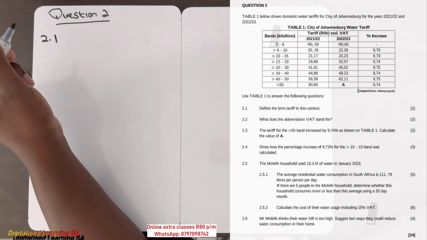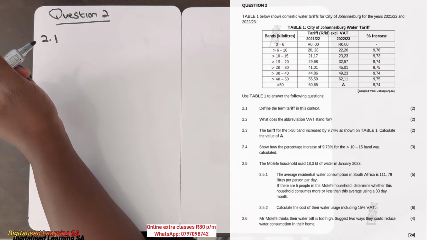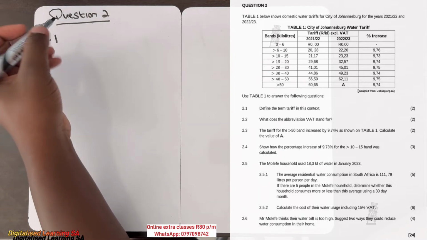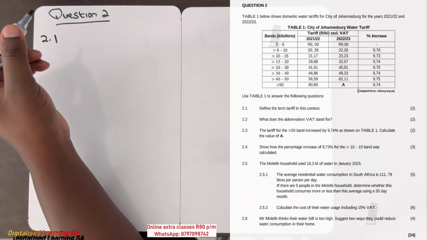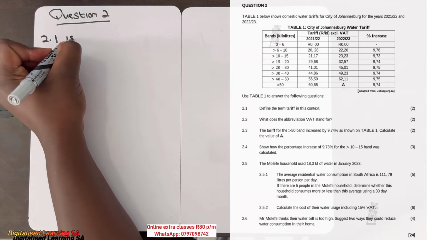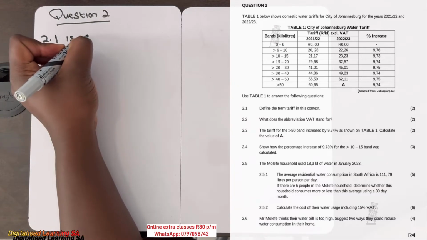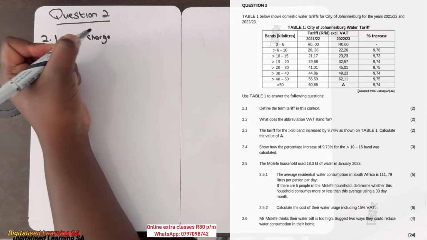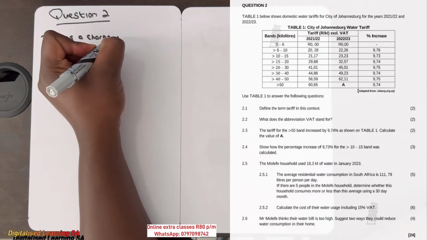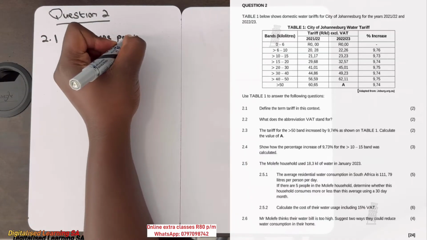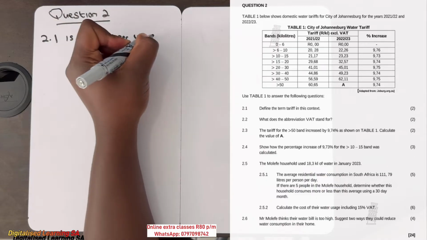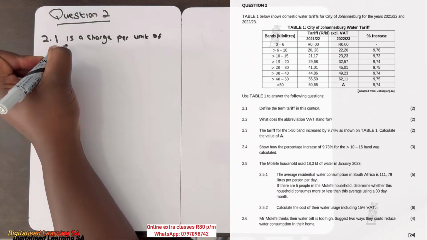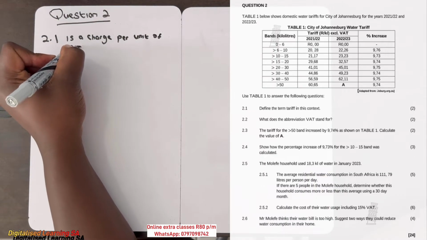Question 2.1 says define the term tariff in this context. So the tariff in this context, as you can see from the table, is a charge per unit of measurement.